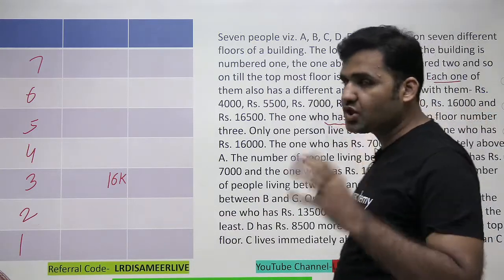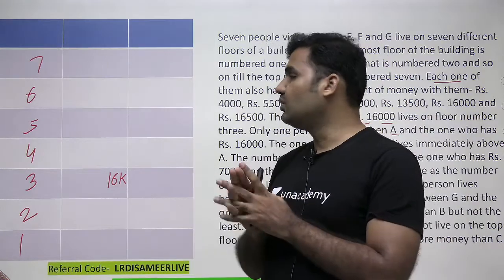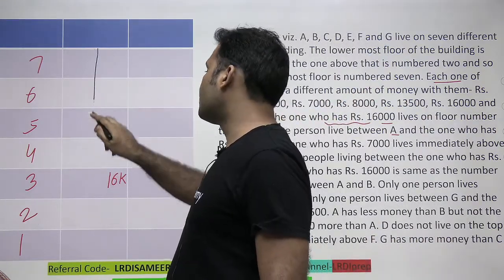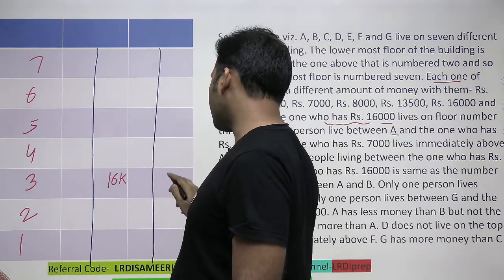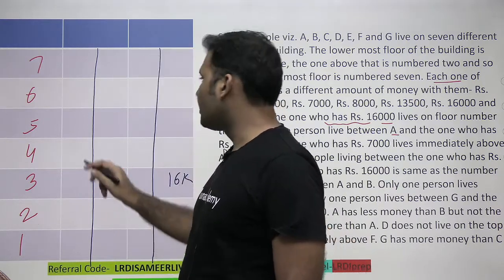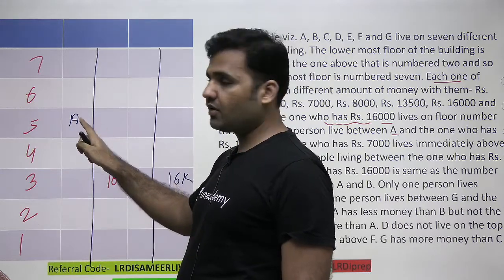So the logical way of getting out of this is to make 2 cases. If it's not possible for you to go for one particular case, whenever this type of situation arises, you make 2 cases. So one is a case where the gap between A and 16,000 is one, where A will be living on floor number 1.